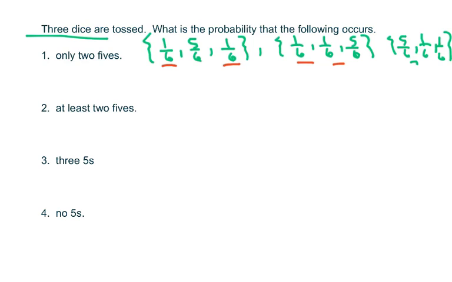The 5/6 are the not 5s. And so, basically what you should do is just take one of these. So 1/6 times 1/6 times 5/6. And since there's 3 different combinations, you're going to multiply this by 3. And you're going to get 5 over 72.